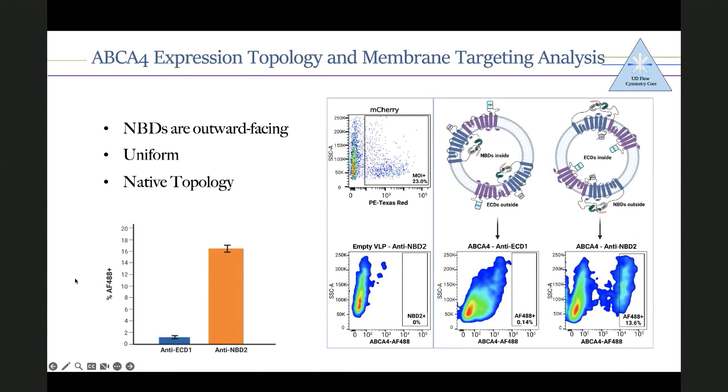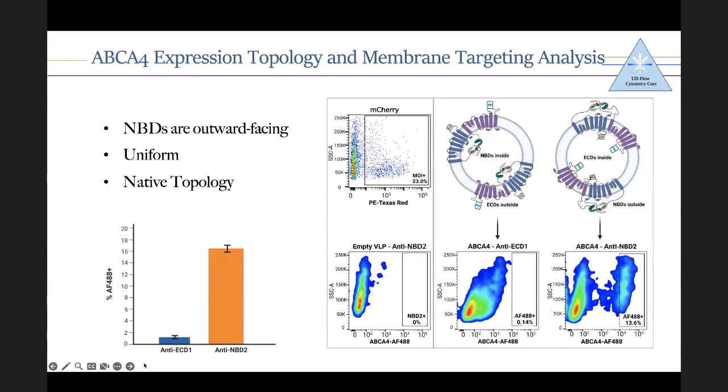If you see the graph showing the side scatter versus fluorescence Alexa 488, which is the stained samples, there is no detection in the gated channel with the empty VLP or in the anti-ECD1, but we see that the cells are detected. They are Alexa 488 positive, therefore ABCA4 positive, for those stained with the MBD2 antibody.